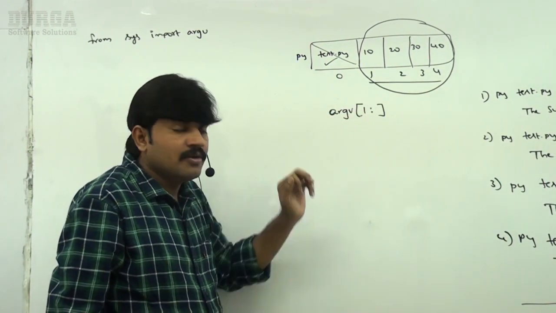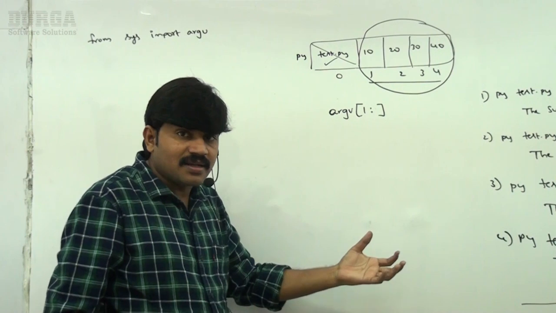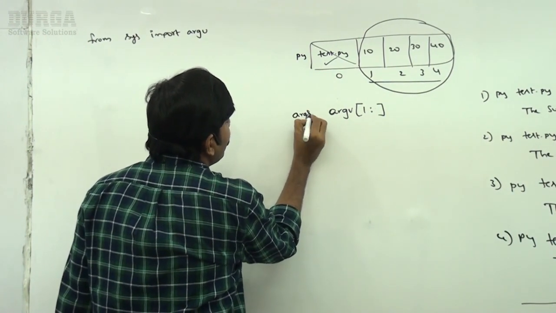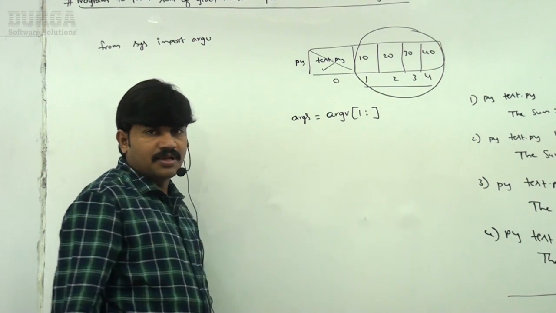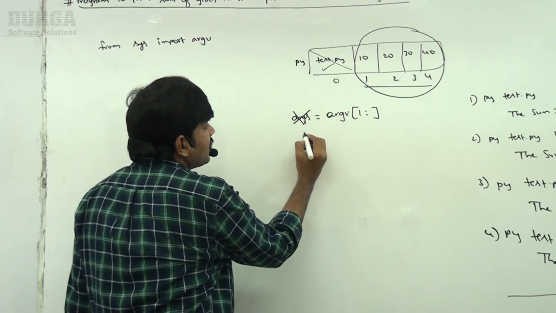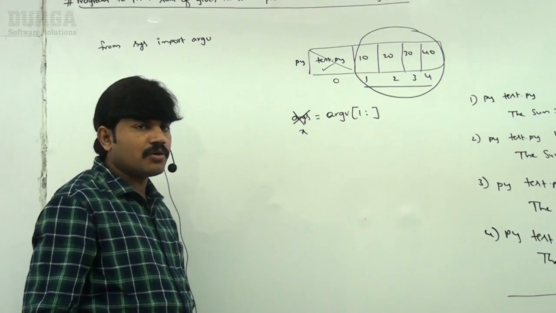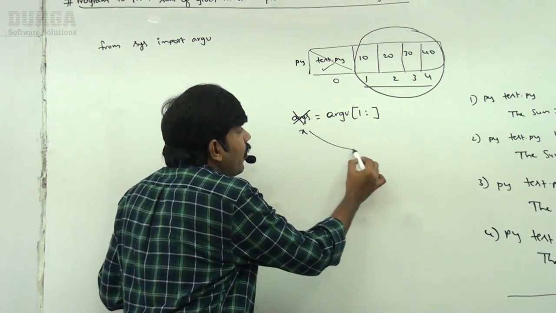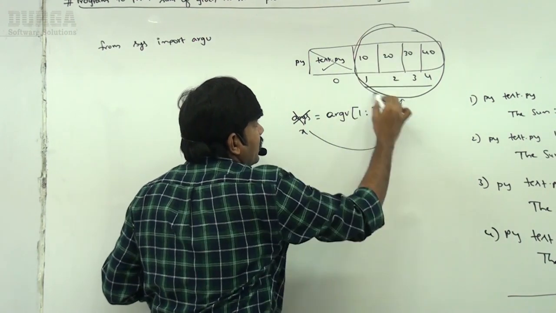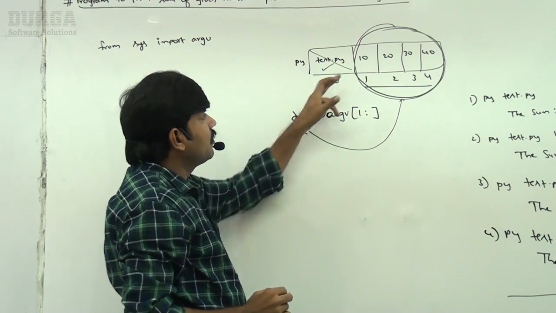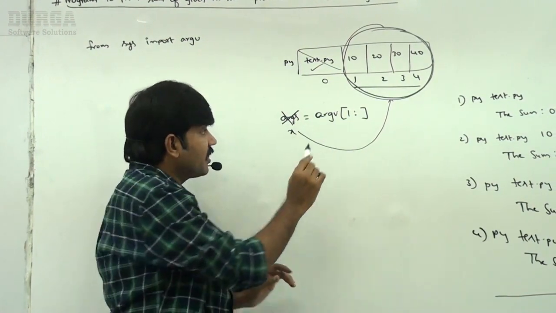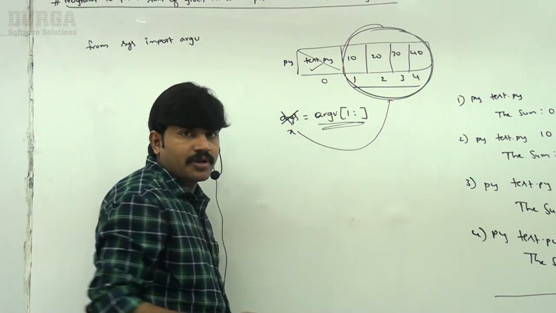Now this result you can assign to any variable. I am taking args, but it need not be args, some x also. x is equal to argv[1:]. Now this x is pointing to this one, sir. In this, first one, second one, third one, like this we are going to use. Take very special care, this is very important, right?